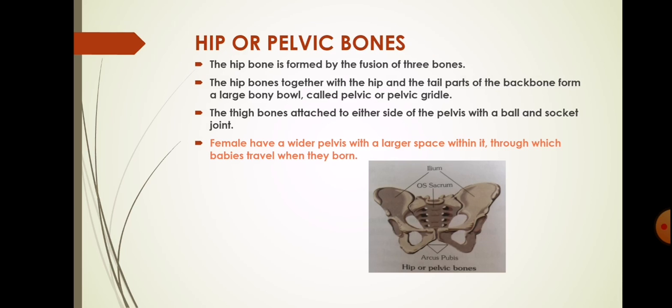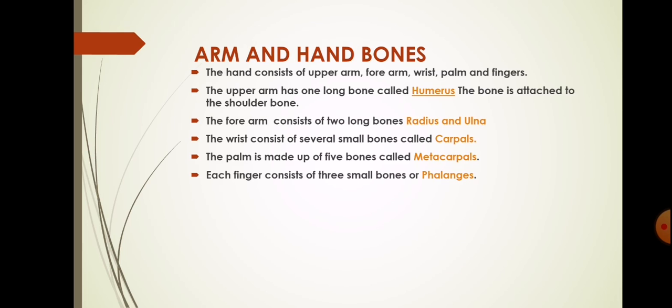Now, the next organ of our skeleton system is the arm and hand bone. The hand consists of the upper arm, then forearm, wrist, palm, and fingers.